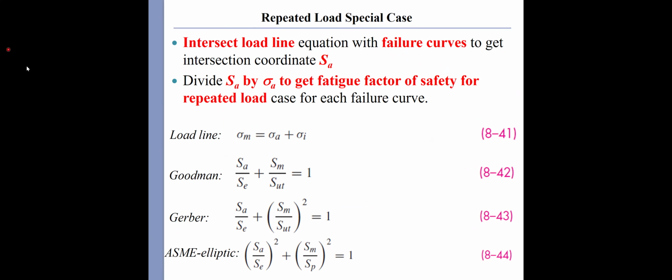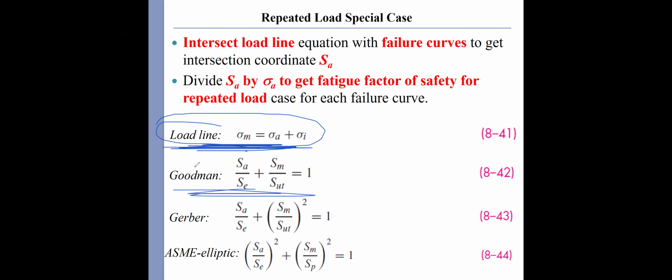So if we look at a summary of those fatigue criteria and load line, we have the load line, which is the repeating force between 0 and Pmax. We can solve for the intercept between the load line and the Goodman, and also find the solution between the load line and the Gerber.